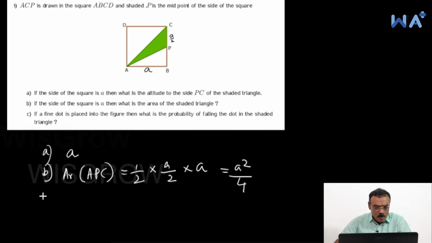And see what is the probability of falling the dot. If a fine dot is placed into the figure, what is the probability of falling the dot in the green shaded part?